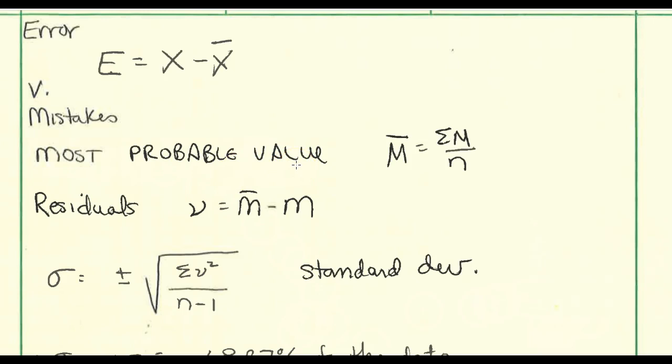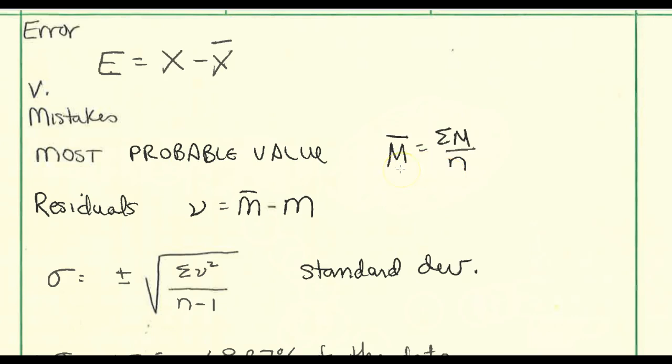And sometimes to do that you will take repeated measurements. So this formula, which says m bar is equal to sigma m divided by n, mathematically means m bar, the average value or the most probable value, is equal to the summation of the individual measurements, in other words, all the measurements that you took added up, divided by the number of measurements you took.